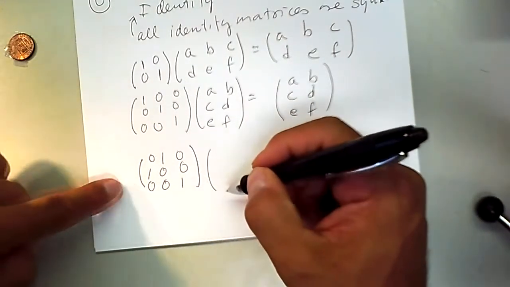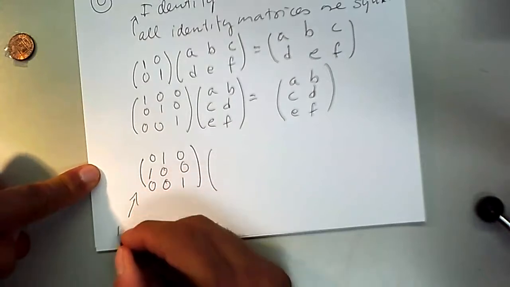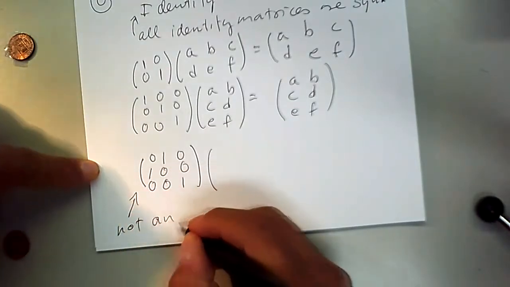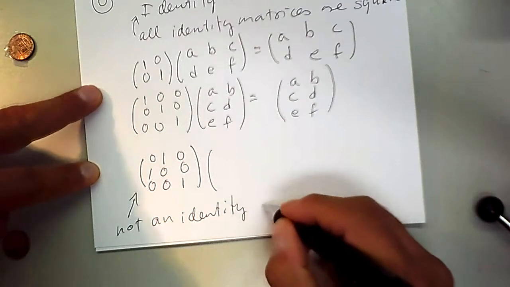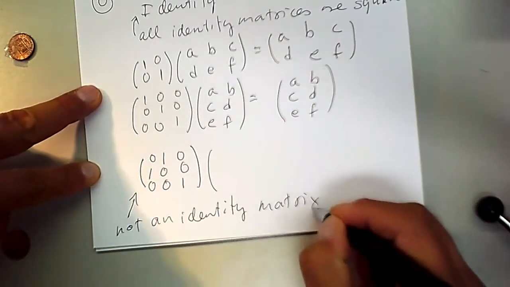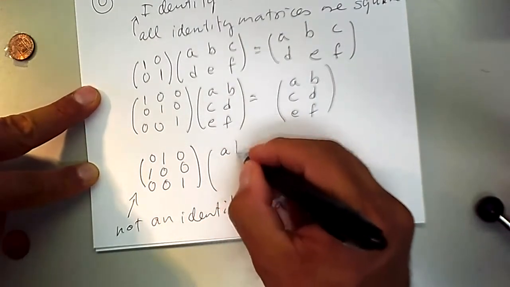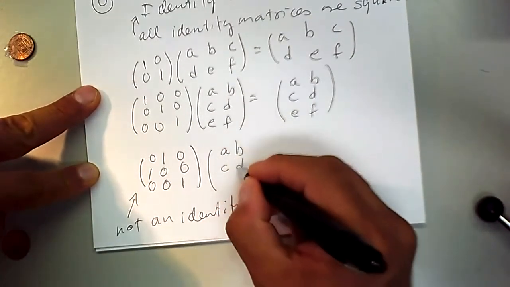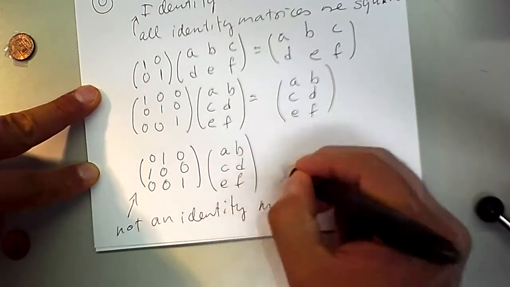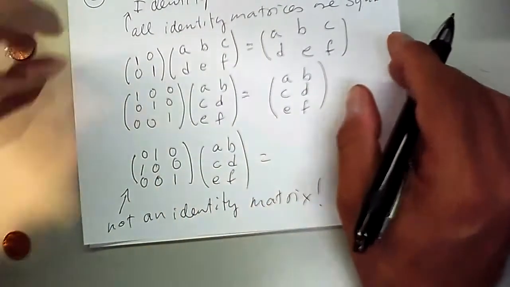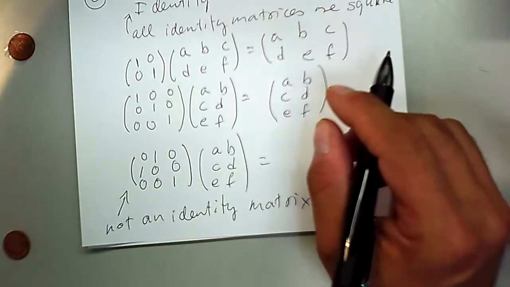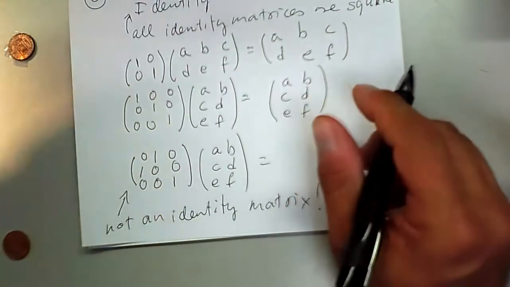Mind you, this is not an identity matrix, not at all. But let's see what it does, because we want to understand what matrices do to other matrices, at least up to a point.